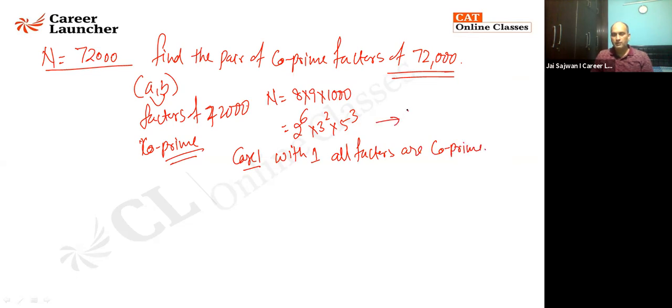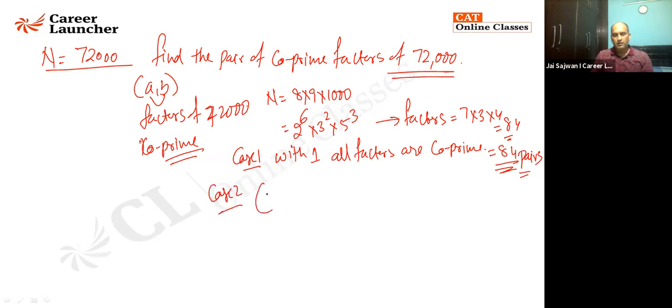How many factors are there? 7 3s are 21 into 4 is 84. So with 1, all factors are co-prime. 84 pairs are there. Fine. This is first one.